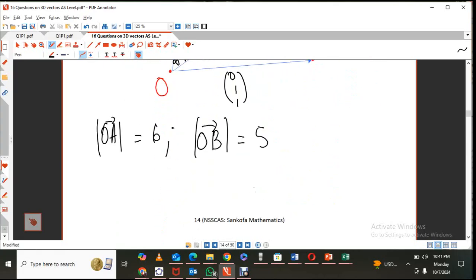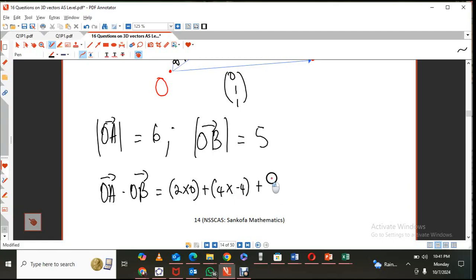So we just have to find the dot product of OA dot OB, of course. We can go ahead. So it will be 2 times 0 plus 4 times -4 plus 3 times -4. Well, you get -28 as an answer.